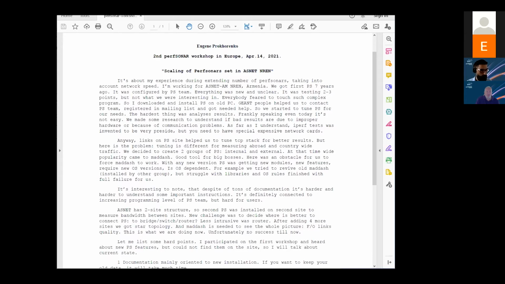It may only be interesting when we are checking links that are not so long. For example, we have some sites now in our NREN.